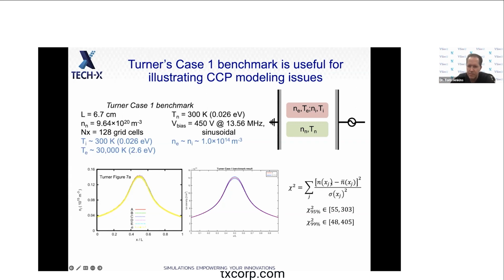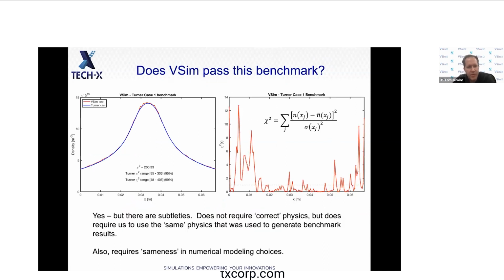If my deviation is less than 1 standard deviation, I'll square it and it'll get smaller, and it will contribute only a little bit in this sum. So Turner tells us what these results should be at the 95 and 99% confidence intervals for agreeing with what he's specified. That was probably way more statistics than anybody wanted to hear today.